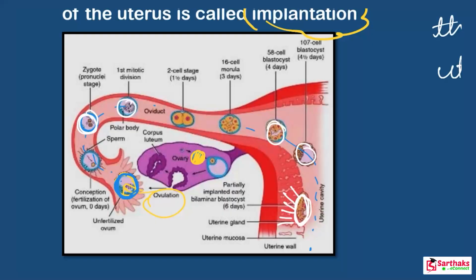They start invaginating so that they attach themselves to the wall of the uterus, and after that no movement occurs in the embryo. And after that the development of the baby starts, the growth of the baby in the uterus till the 9th month of pregnancy.